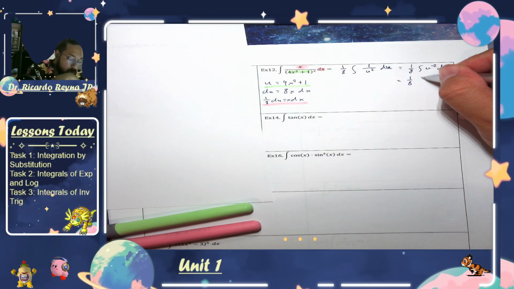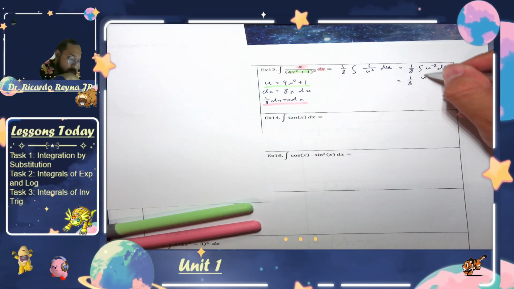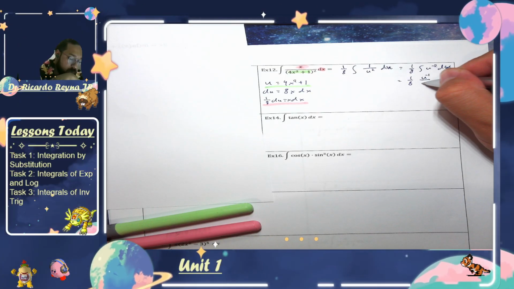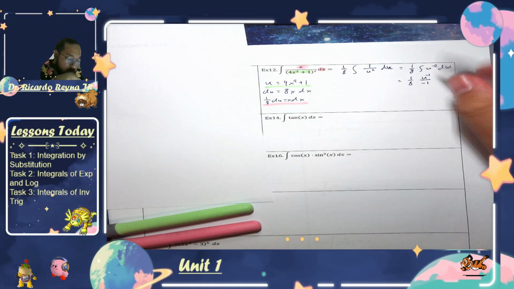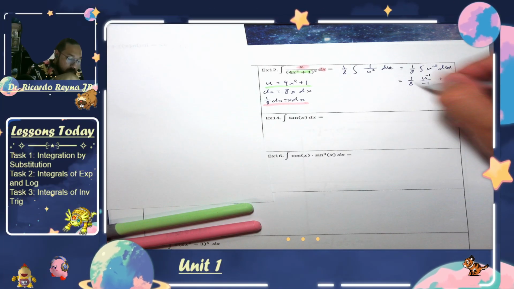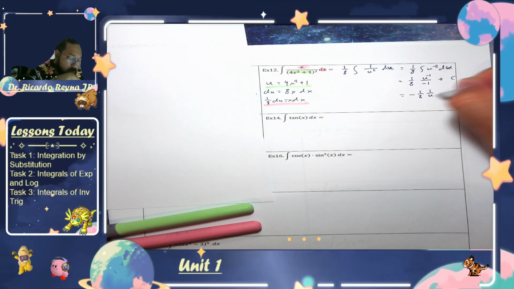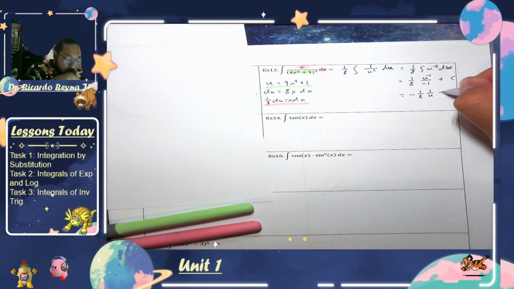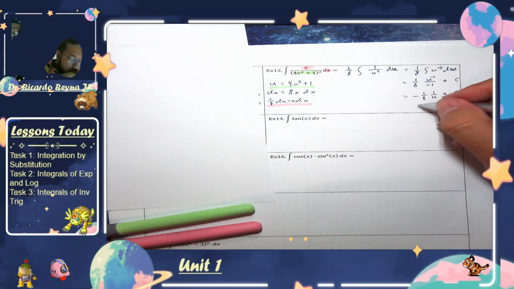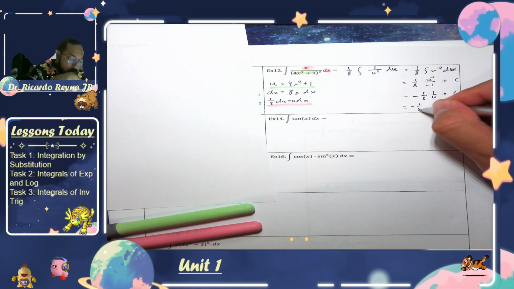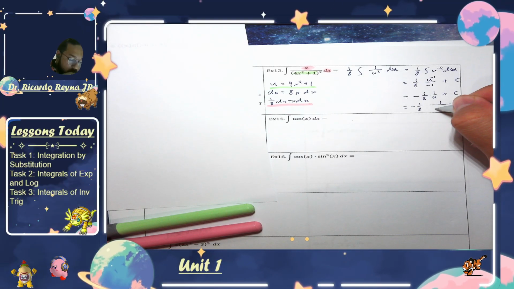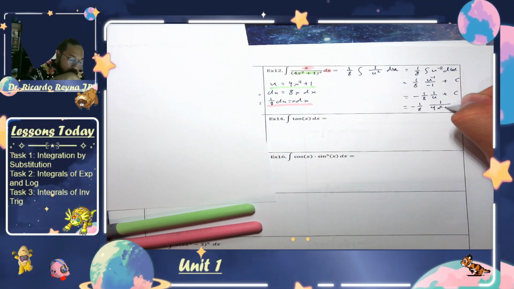So u negative 2 plus 1, which is negative 1. And then we can simplify, plus c, simplify this a bit to get negative 1 over 8, 1 over u, and then plus c, then we plug in the u. Negative 1 over 8, 1 over 4x squared plus 1.